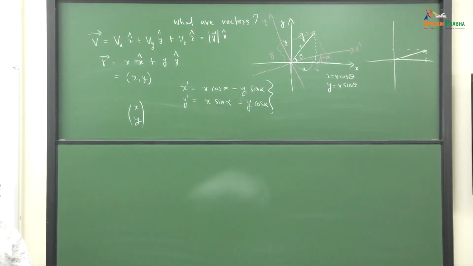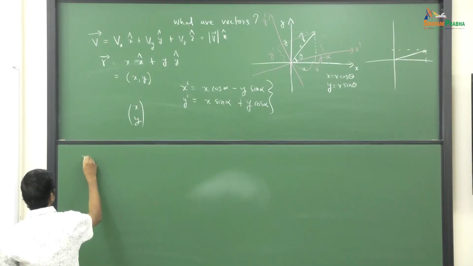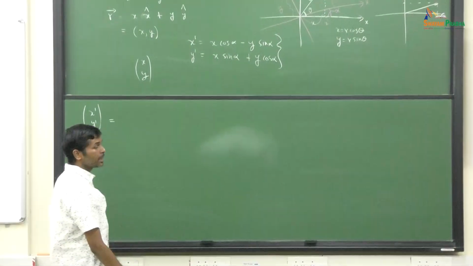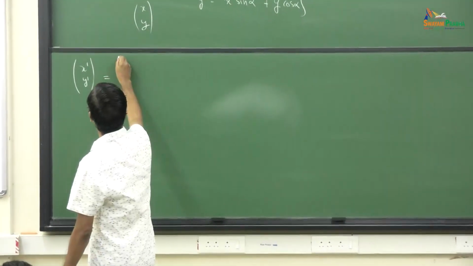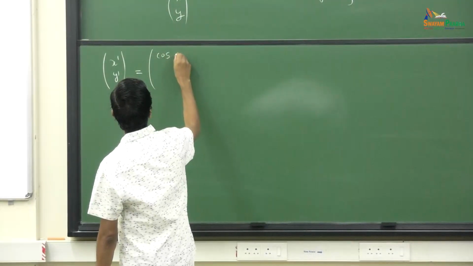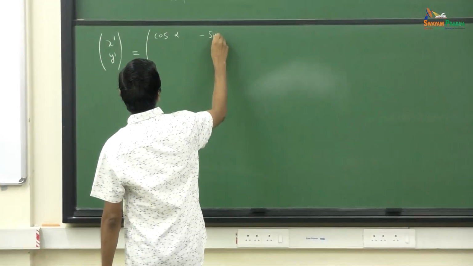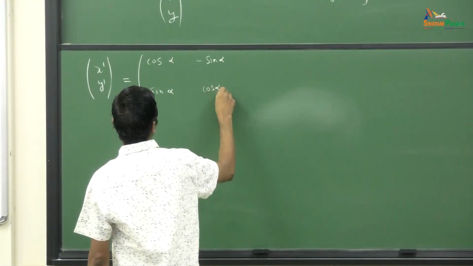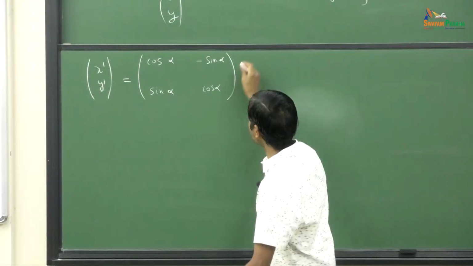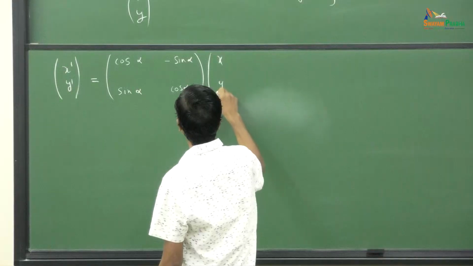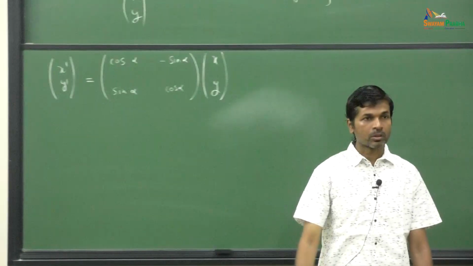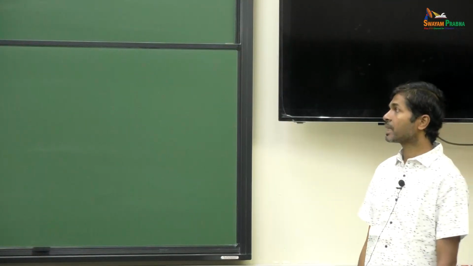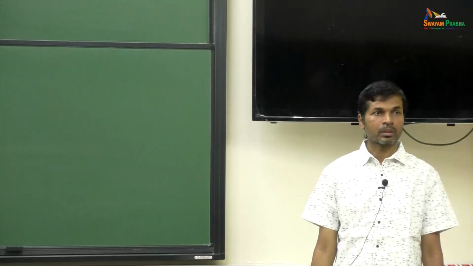So if I do that, then x prime, y prime are related to x and y by this: cos alpha, minus sin alpha, sin alpha, cos alpha, times x, y. So this is how the components of the position vector are related among each other. Okay.